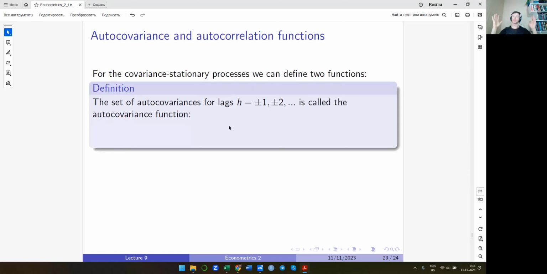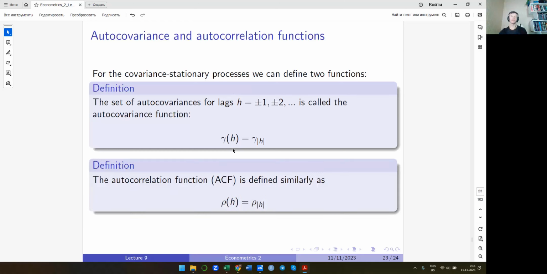So when for some series you build autocovariances for all h, plus minus 1, plus minus 2, plus minus 3, and so on, this is going to be an autocovariance function, how autocovariance depends on h. An autocorrelation function is defined similarly. These are the correlations defined for every lag h, like this.